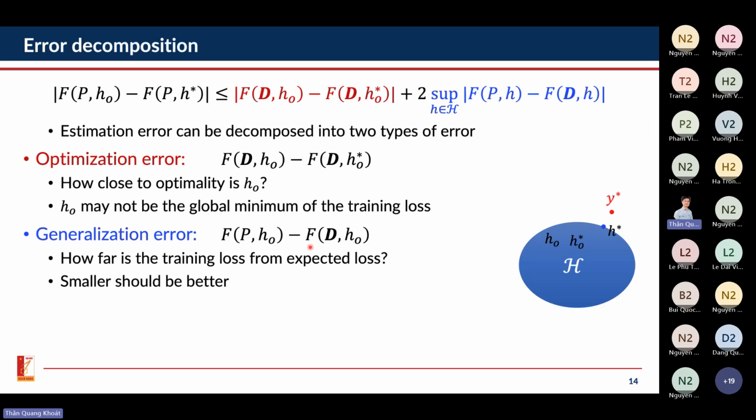You can see that when this quantity is small and the training error is small, then the test error should be small, right? So that's why in analysis, sometimes we can focus on this quantity, right? Okay. Any question?